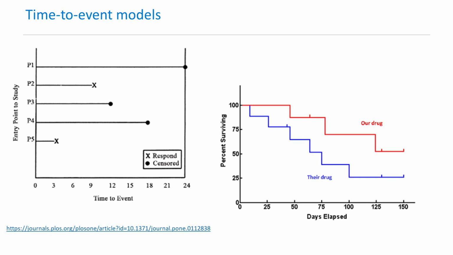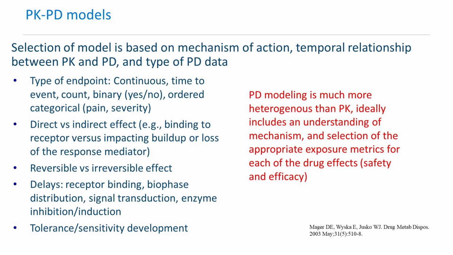I think the point that I want you to take home from showing these is not necessarily that you need to become an expert in all of these models, but that PD is complicated. PD often has more variability than PK. There are different kinds of endpoints. PK is sort of one thing: it's the drug concentration either in the plasma or in the tissues, whereas PD can take many, many forms. It's much more heterogeneous than PK.